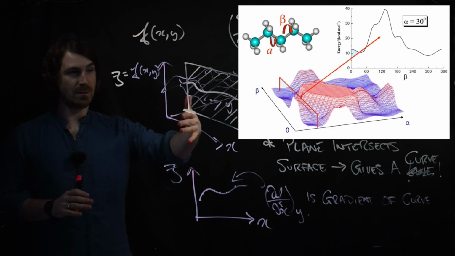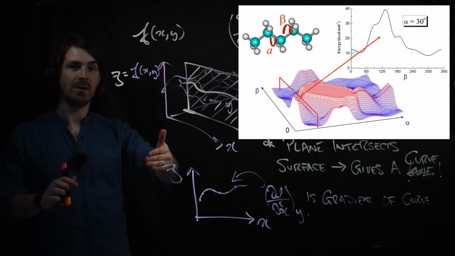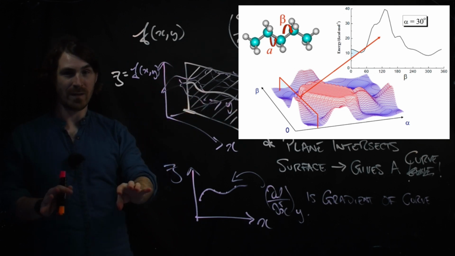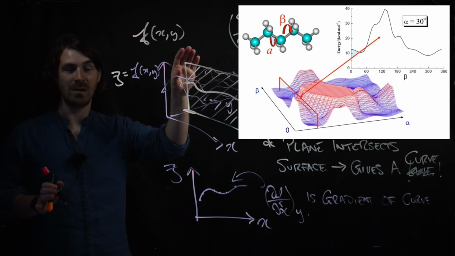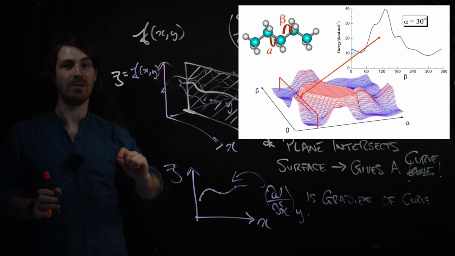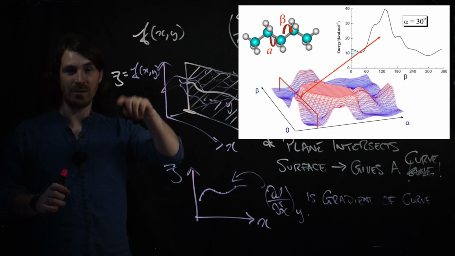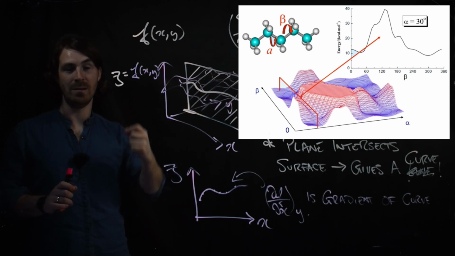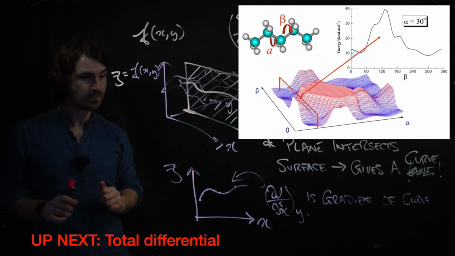Okay, so that's our plane drawn that intersects the surface, and the intersection of the surface and the plane is a curve, and that curve is shown on the top right. It's how the energy changes as you vary beta for a fixed value of alpha. If you choose a different value of alpha, you'll get a different curve. But df by d beta with alpha held constant will give you the derivative of that curve. Hopefully that's clear.